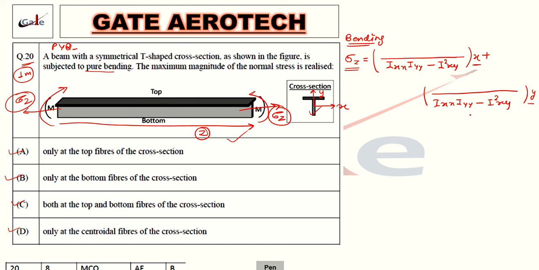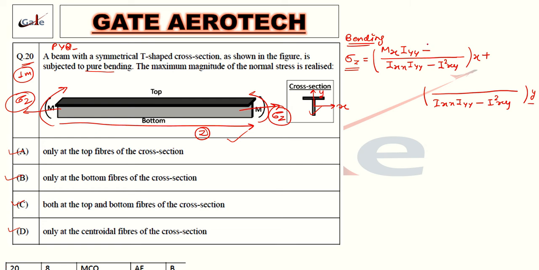Now I am telling you how you can remember the formula, otherwise it's a bit difficult. Now you have x here, so you write Mx here. The opposite moment of inertia you have to write, Iyy, minus.